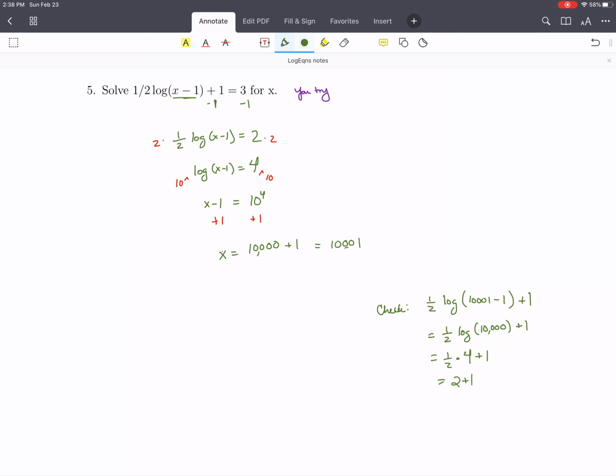I get 2 plus 1, which is 3. So there's several examples of solving logarithms, or equations involving logarithms.